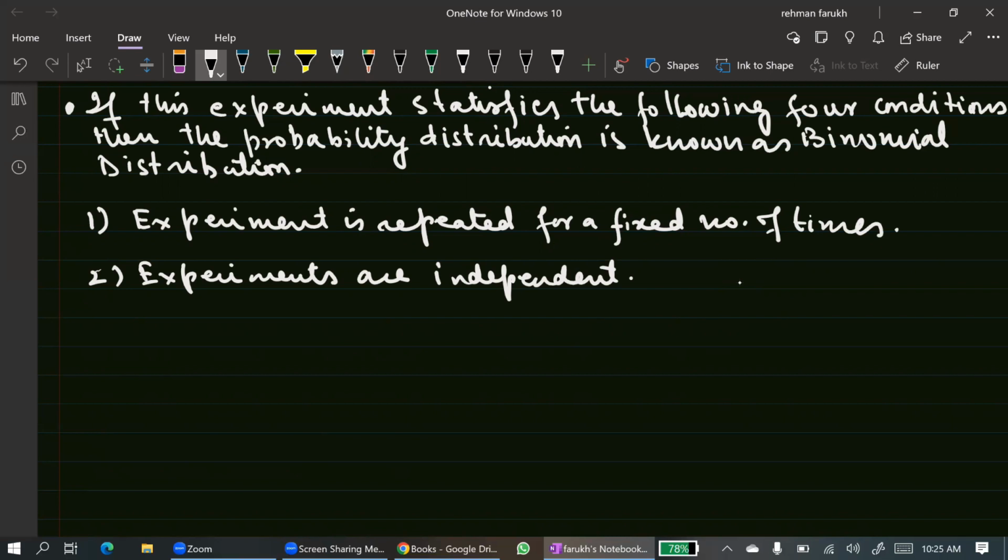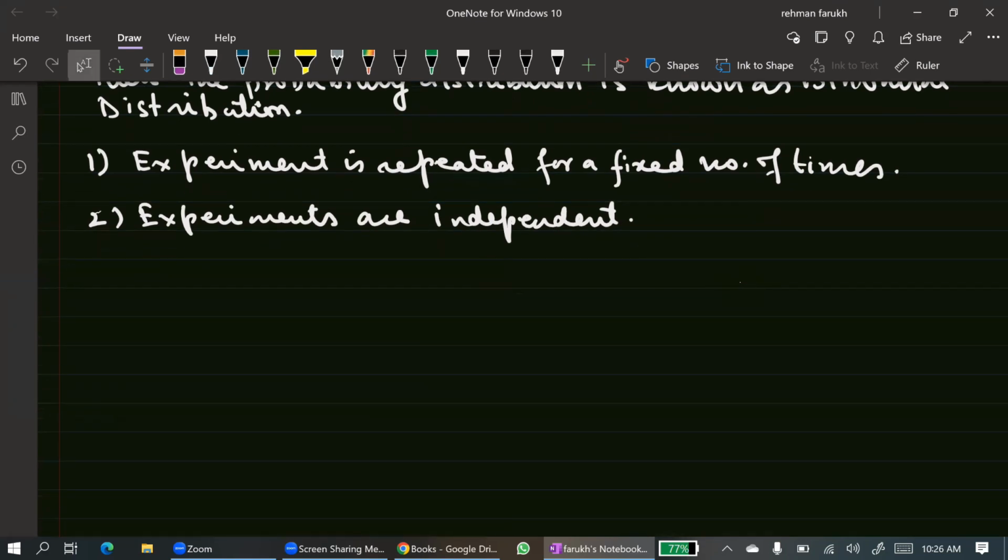Whether there will be a 6 in the first roll or not doesn't affect the next. A 6 in one experiment doesn't affect the probability of 6 in the next experiment. If there is a not 6 in the first experiment, there may be a 6 in the next experiment.